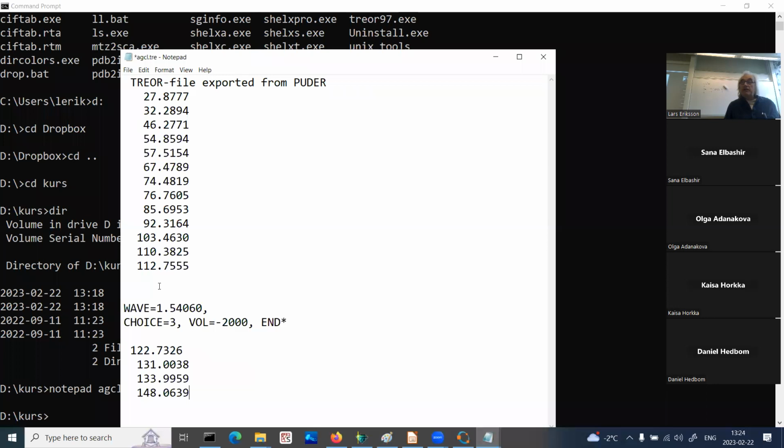Now we had 2 blank lines, that is also okay. And then some keywords. And the last keyword should be N star. The only problem with N star is that the star must not be the final character in the file. So you need at least a line feed or something like that after it.